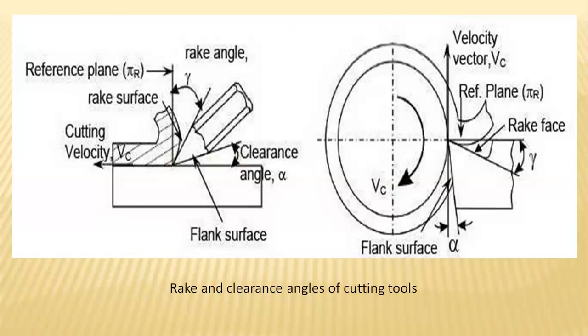These are the rake and clearance angles of the cutting tools to be maintained at two different phases in order to work on the cylindrical objects and the flat objects which are existing with respect to the cuboid structural dimensions. That is length, breadth, and depth.